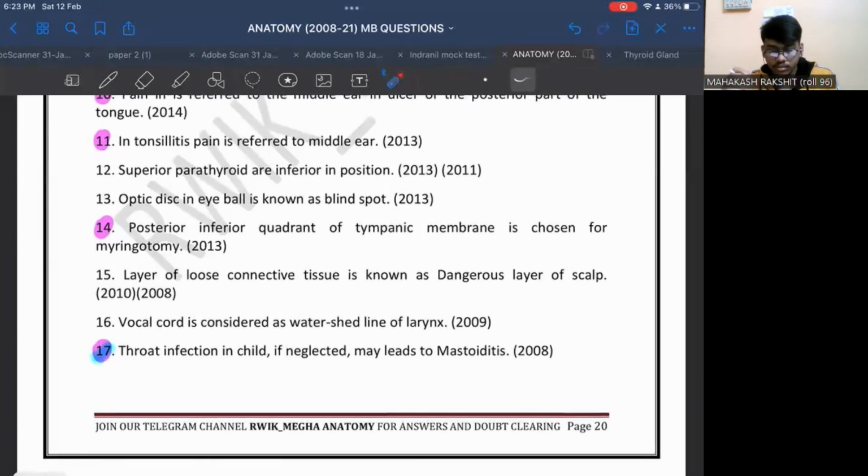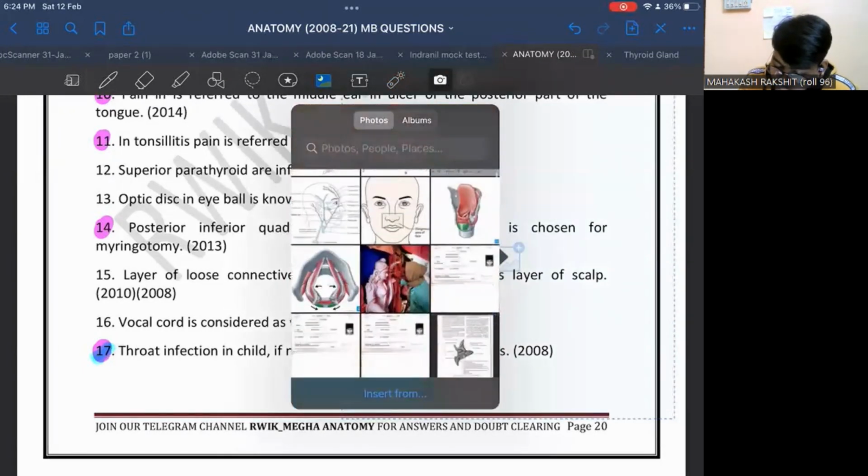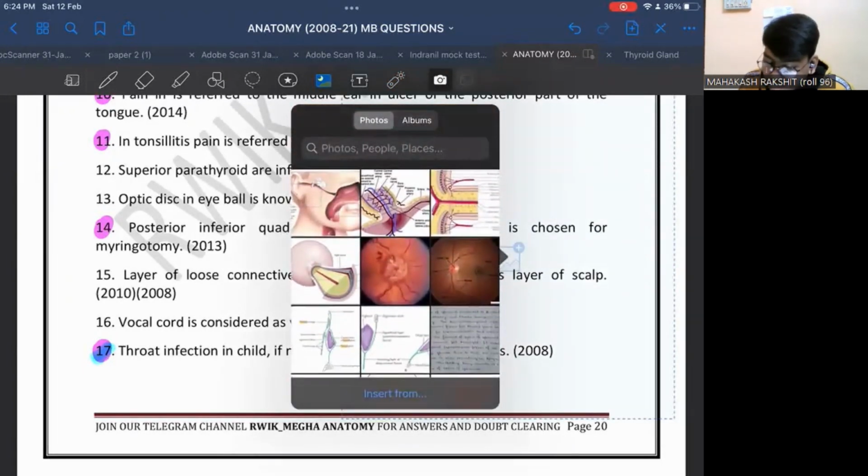Okay. Layer of loose connective tissue is known as the dangerous area of scalp. Why? We know there are 5 layers in the scalp, SCALP: skin, connective tissue layer, aponeurotic layer, loose areolar tissue, and pericranium, right? Let's see a diagram. I don't have a diagram.